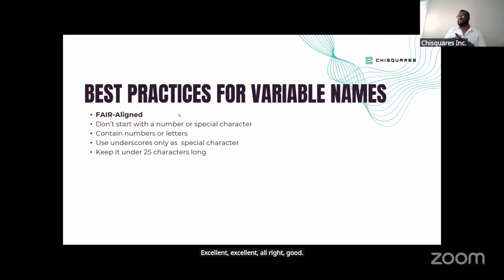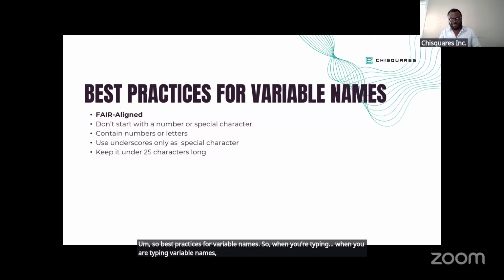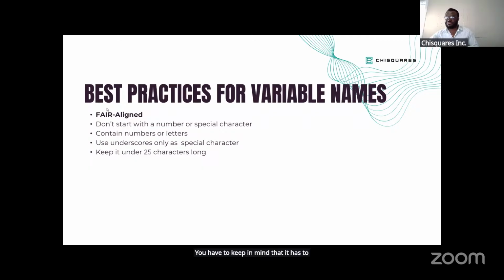So best practices for variable names. When you're typing variable names, you have to keep in mind that it has to be interoperable. Know that different software have different rules for the kind of variable names they accept or allow. So when you are giving variable names, please be mindful of that.